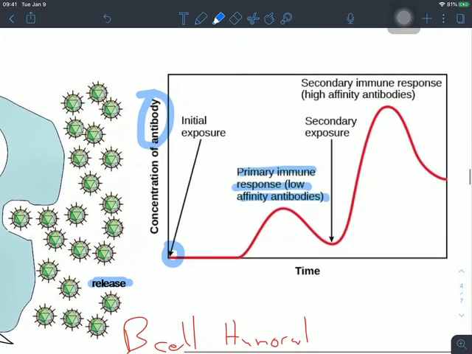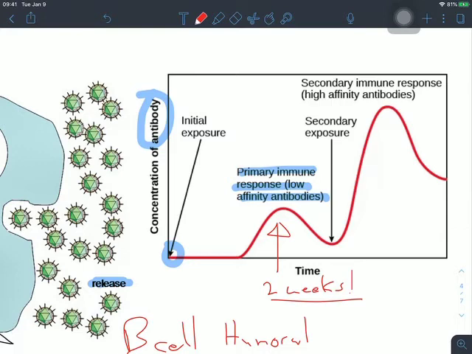Let's say that then, that will take a while, or you get sick again. Now, after that primary immune response, where the low affinity antibodies are made, your body has learned better how to kill the thing. In a primary immune response, it can take up to 2 weeks to get better. On average, it's taking about 2 weeks.